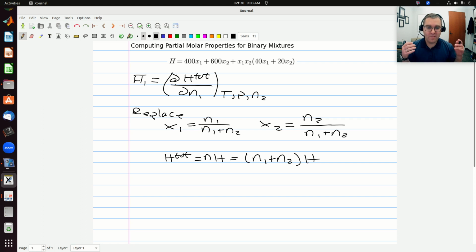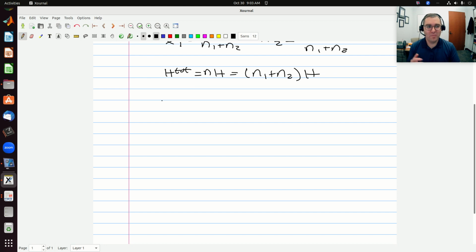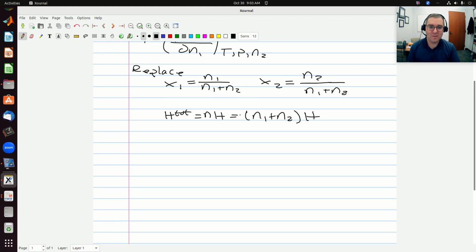We often have equations that are functions of composition. When it comes to excess Gibbs free energy, I'm going to have some equation that's a function of composition, and then I'm going to need to know my partial molar excess Gibbs free energy for each component, which is the log activity coefficient. So this is going to come up, and I'm just looking at more simplified ways to be able to do this.